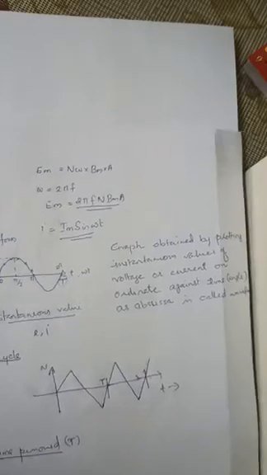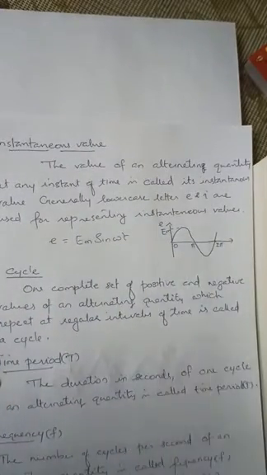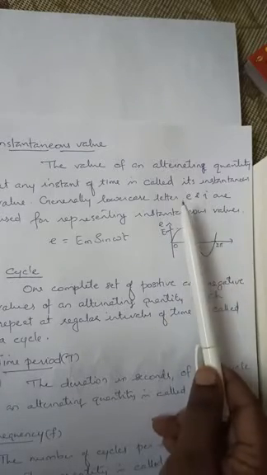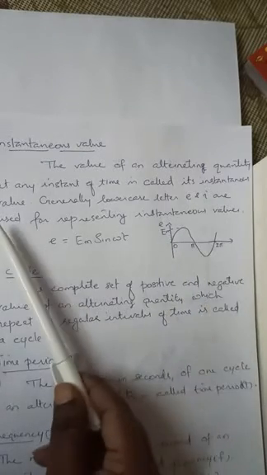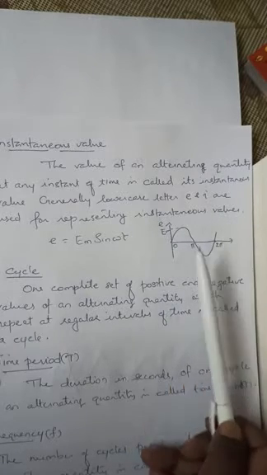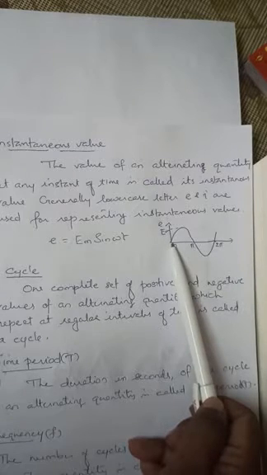Now coming to instantaneous values. The value of an alternating quantity at any instant of time is called the instantaneous value. Generally, lowercase letters e or i are used for representing instantaneous values. Here you can see the instantaneous value at instant t equal to 0 is equal to 0.